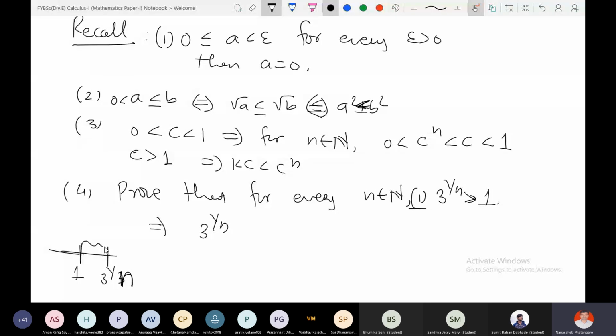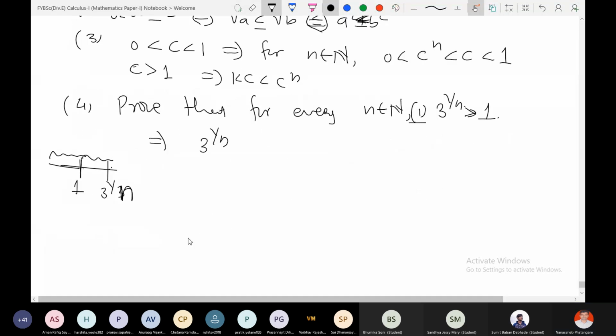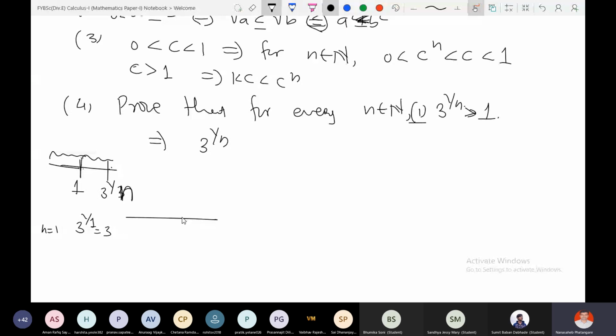Suppose I look at n equal to 1, and 3 raised to 1/1 is 3. Geometrically, 1 is here and 3 is here, right? So what is the additional part? 1 plus something is 3, so this additional part is 2.